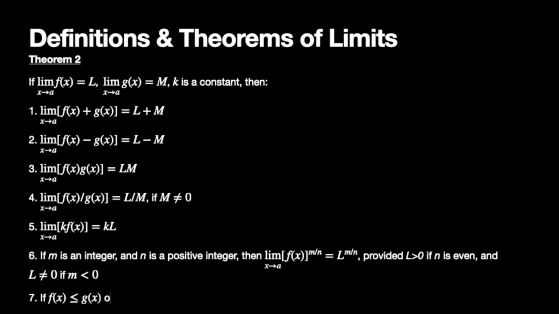Rule 7. If f of x is less than or equal to g of x on an interval containing a in its interior, then order is preserved and L will be less than or equal to m.